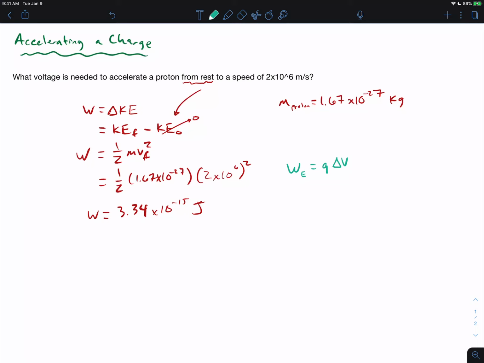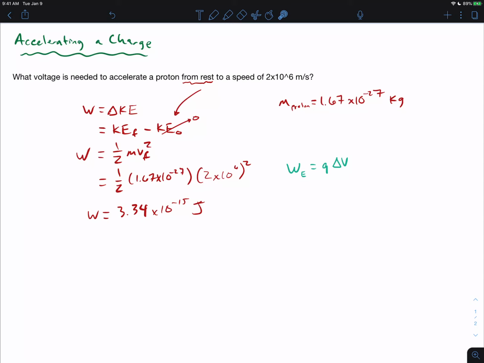So if we want to move a charge from 50 volts to 0 volts, it's going to accelerate over this potential difference, and then we know the amount of work that we're going to end up doing. But these two are the same value in terms of the amount of work that we need to do.